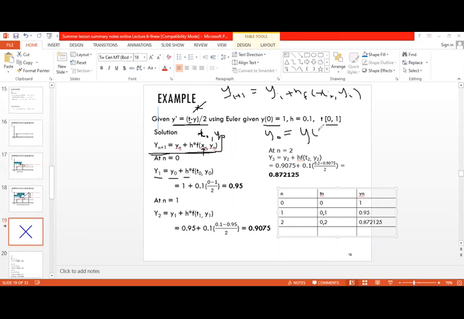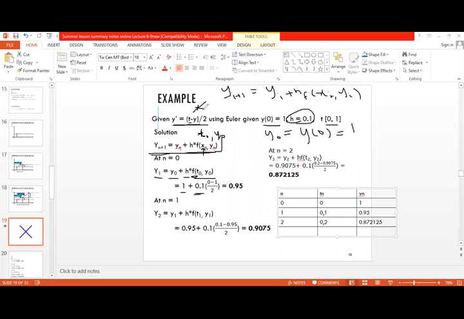Y naught is y at t equals 0, which has been given as 1. So y naught is 1. Step size has also been provided as 0.1.